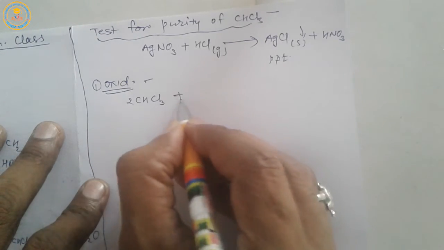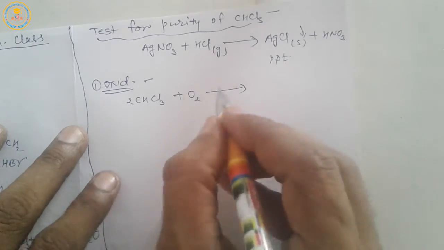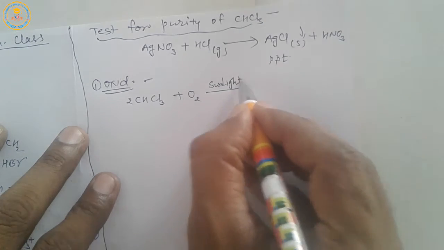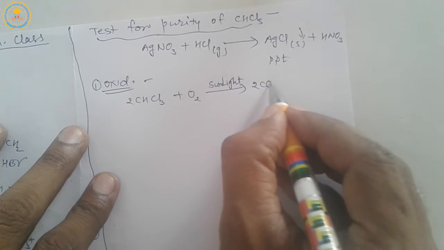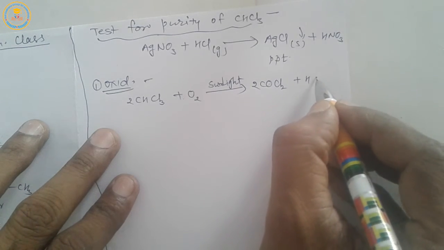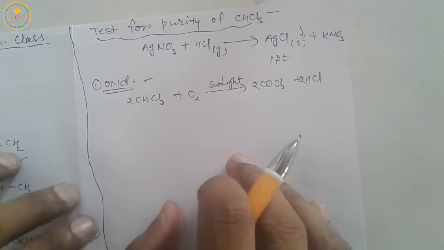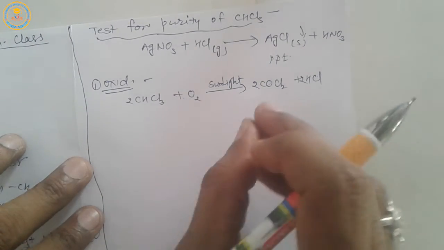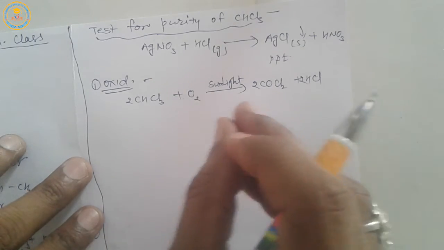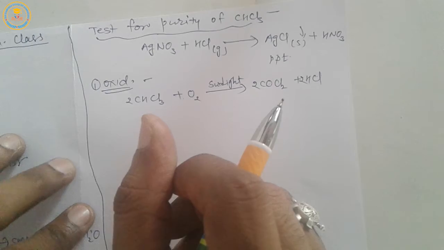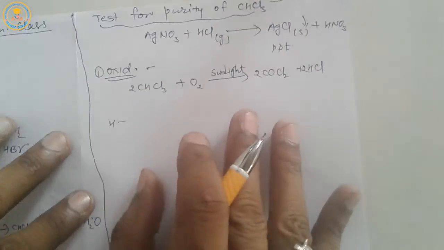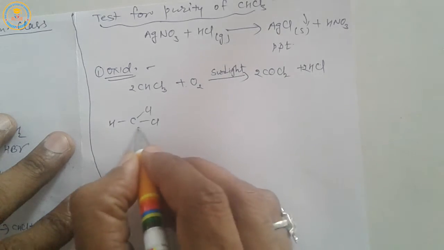So, when the chloroform molecule oxidizes in presence of sunlight, then a poisonous gas, which is called phosgene, is formed here after removing of an HCl molecule. During this reaction, in presence of light, an HCl molecule is removed from the chloroform molecule, then dichlorocarbene is formed.